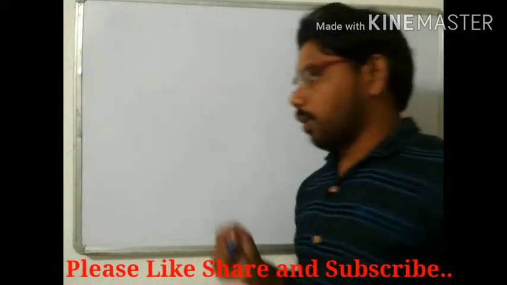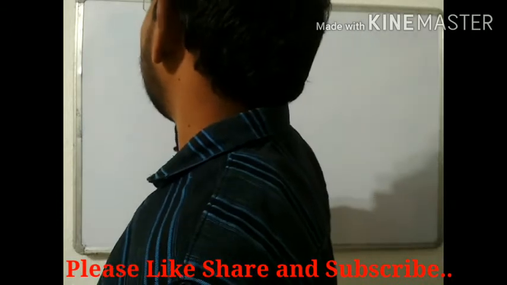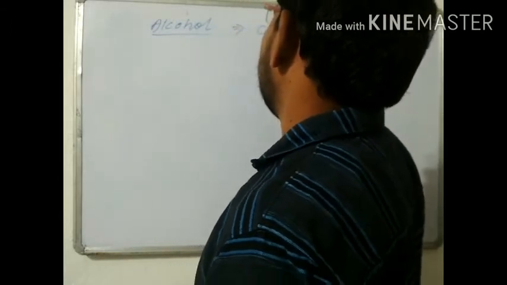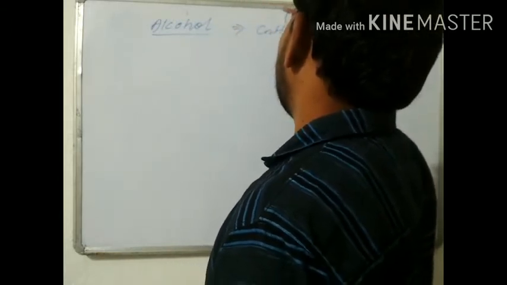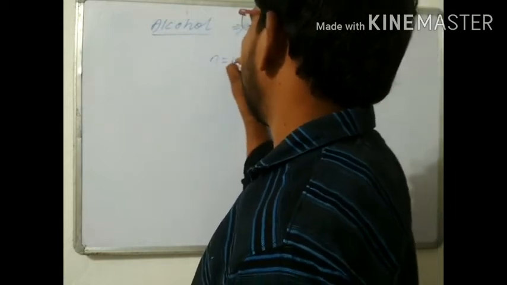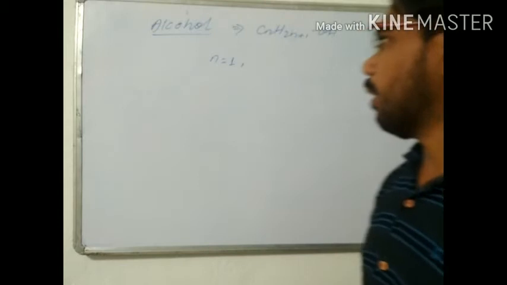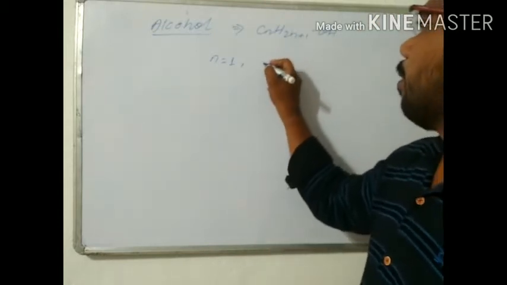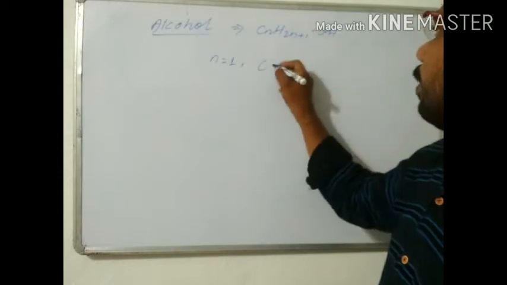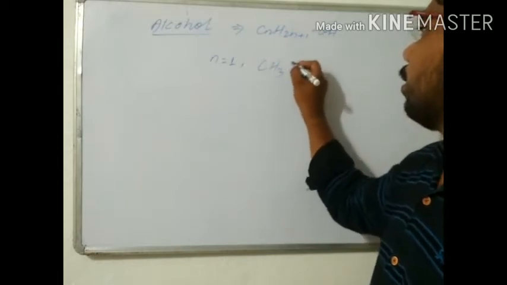So the family of this compound is alcohol. When we use n equal to 1, we get the compound C1, and H is 2 into 1, 2, plus 1, 3: CH3OH.